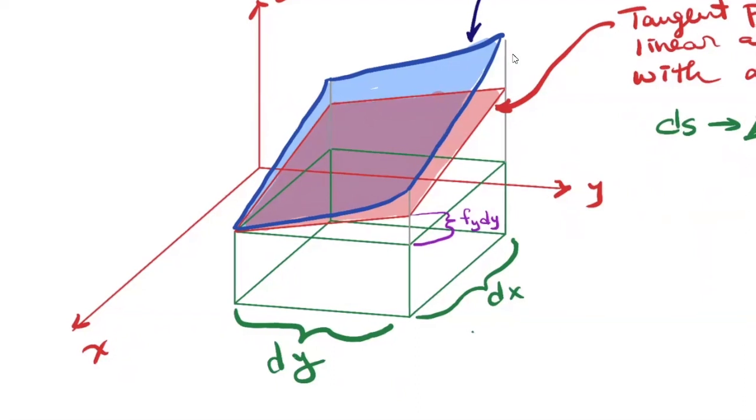I'm going to write the increment fx dx and then do the brackets, like that. Maybe I'll do that in purple also, so you can see it.